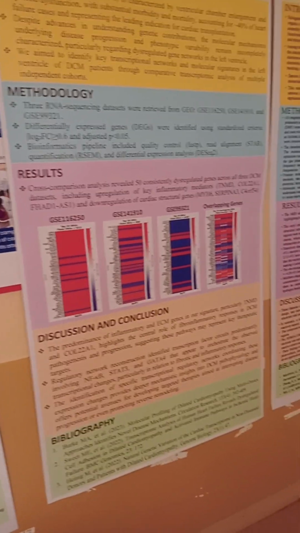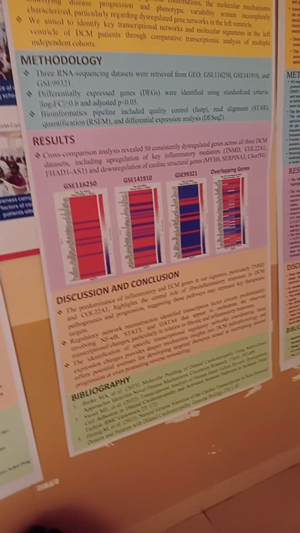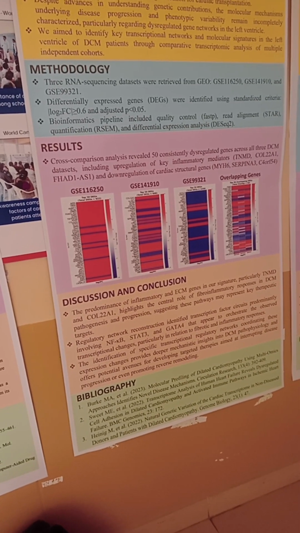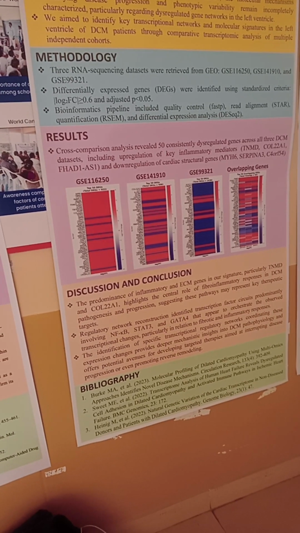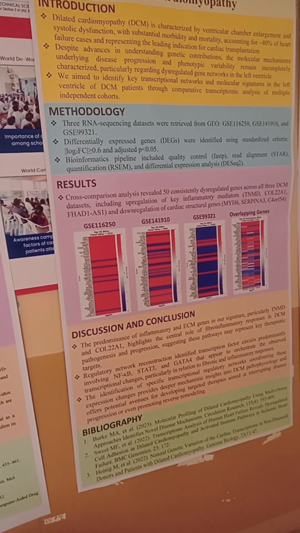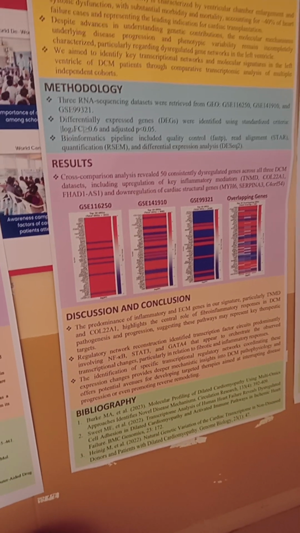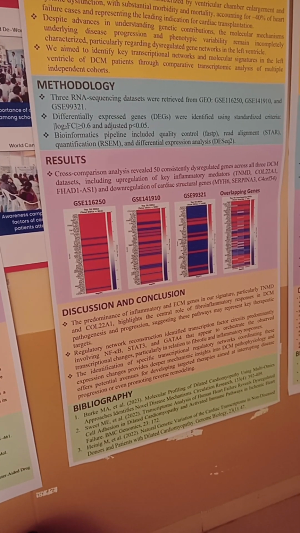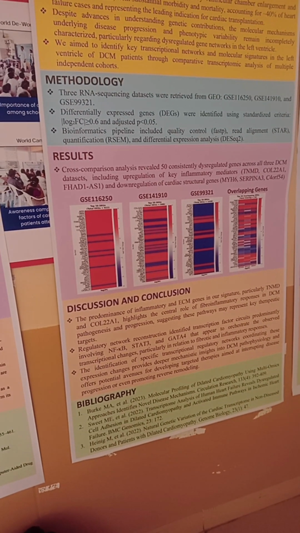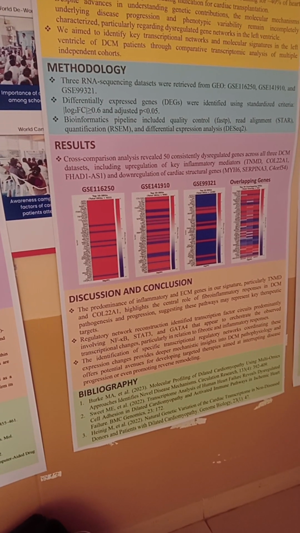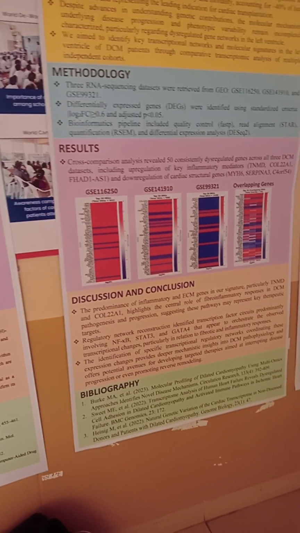And the conclusions are here: the identification of specific transcriptional regulatory networks coordinating these expression changes provides deeper mechanistic insight into DCM, dilated cardiomyopathy, pathophysiology, and offers potential avenues for developing targeted therapies aimed at interrupting disease progression or even promoting reverse remodeling.